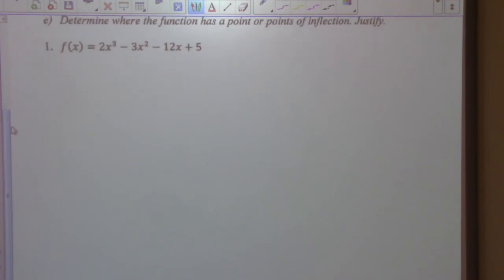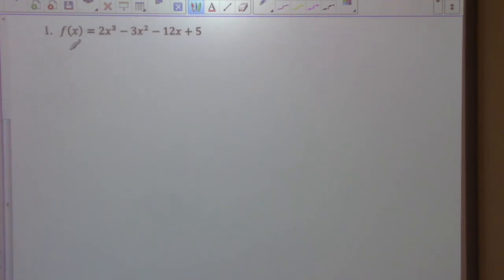Okay, determine all critical numbers. So for any critical numbers, f prime of x is equal to 6x squared minus 6x minus 12. So 0 is equal to 6 times x squared minus x minus 2, is that right?